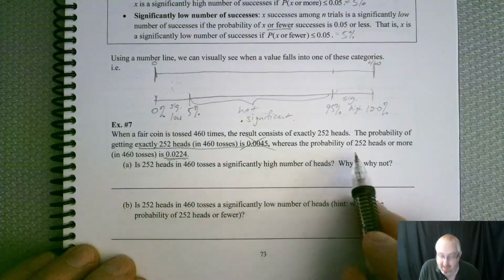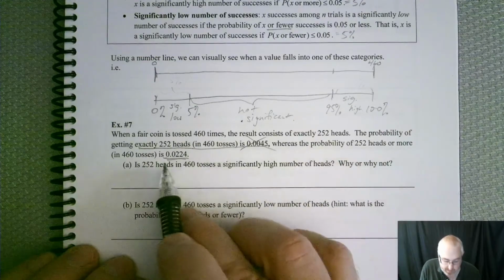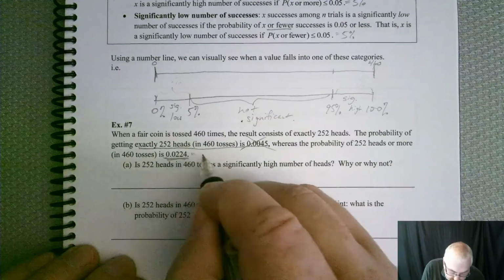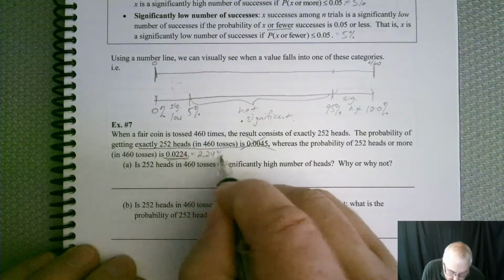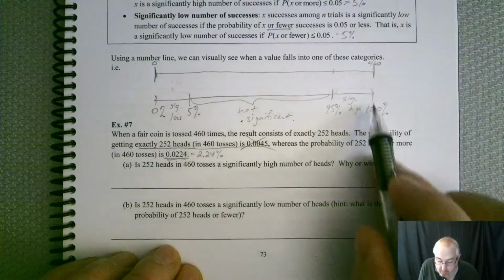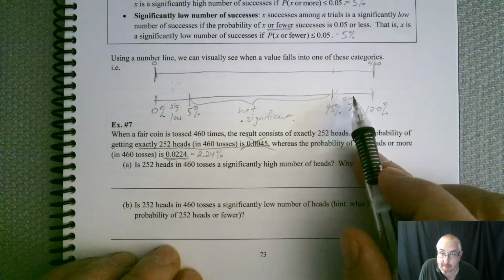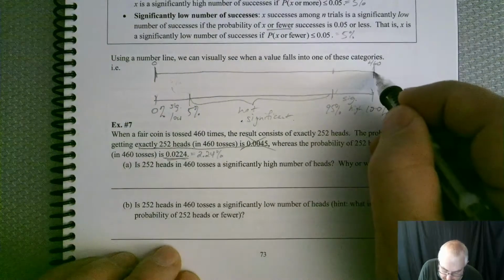The probability of 252 heads or more is 0.0224, which if we changed it to a percent is 2.24%. So that means that if we went from 100 and went backwards 2.24%, that's where 252 should lie.